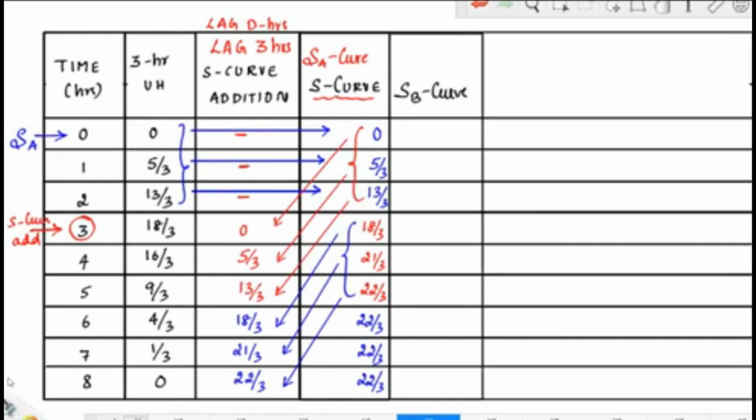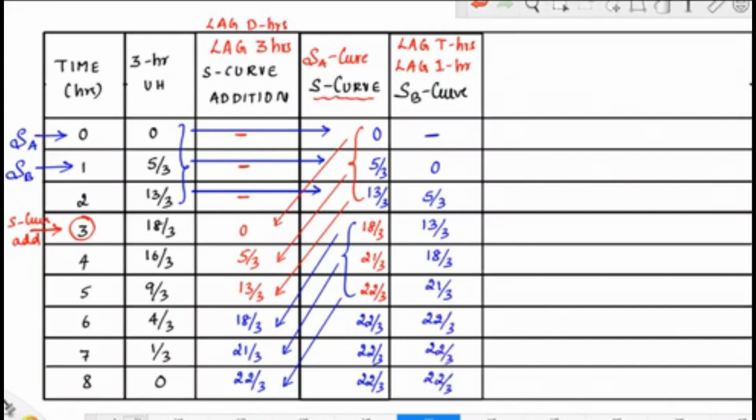So here you have to provide a lag of T hours. So that is nothing but a lag of 1 hour. So your SB curve should start from 1. You cannot start from here, you have to start from 1. So write the values here: 0, 5 by 3, 13 by 3, 18 by 3, 21 by 3, 22 by 3, 22 by 3, 22 by 3.